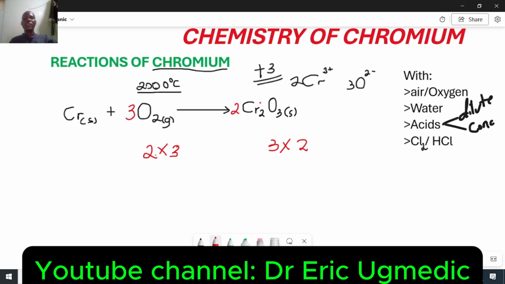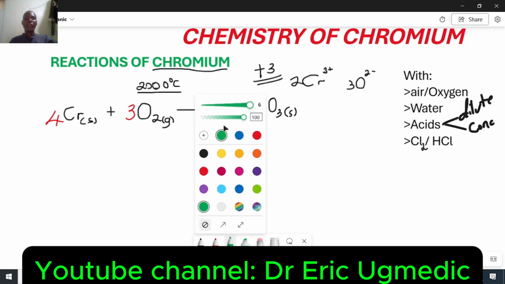So oxygen is determining the number of chromium atoms that I must use. So this side there will be 4 chromium atoms. That's how I balance that particular equation, and that's the reaction with air.